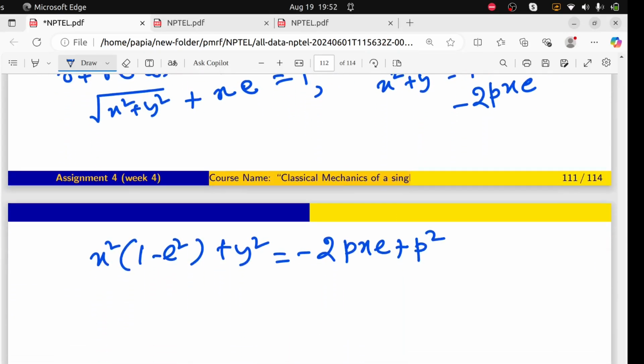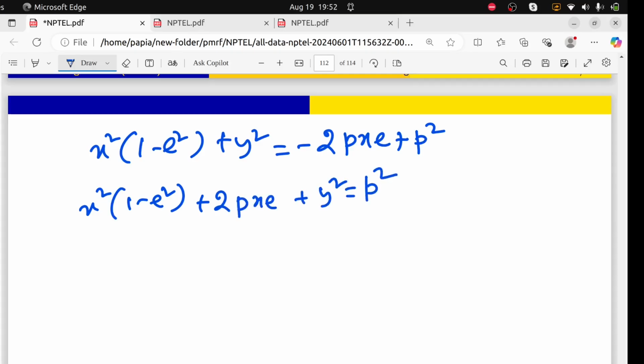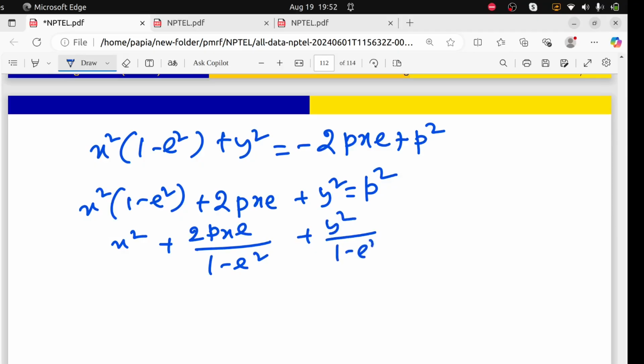So we will take this one as x square 1 minus e square plus 2pxe plus y square equals p square. Now we can do one thing, we will just divide all the things by 1 minus e square.